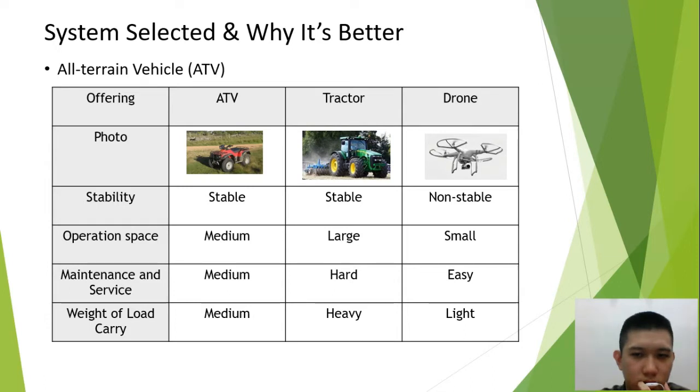Drones have a light load capacity. Drones are not able to carry the soil sample collector actuator compared to the ATV, because drones are more suitable for using a UV sensor, and it is not suitable for soil fertility analysis.